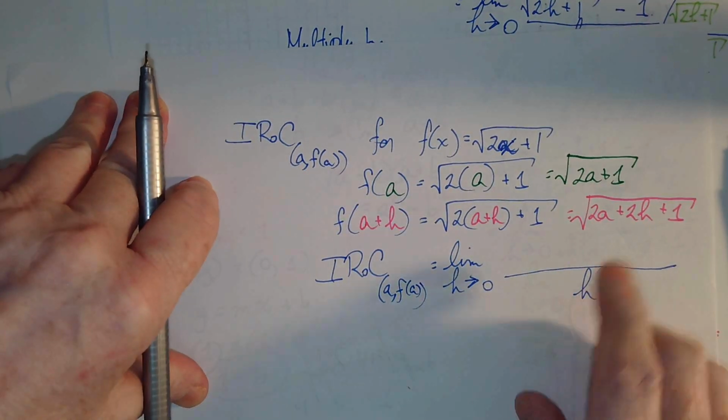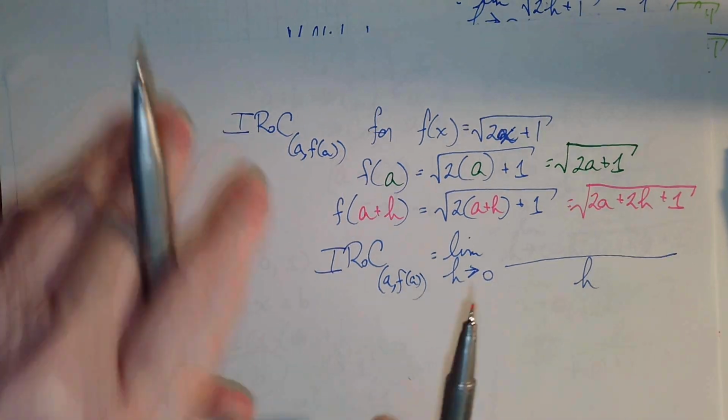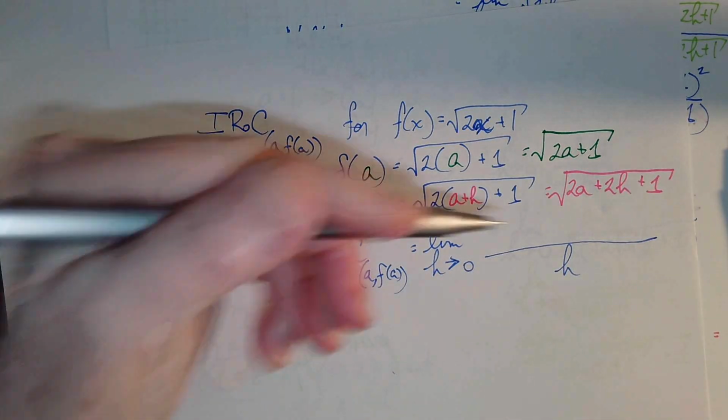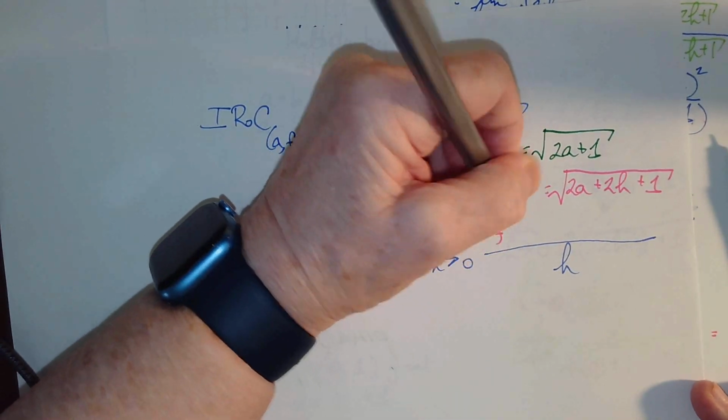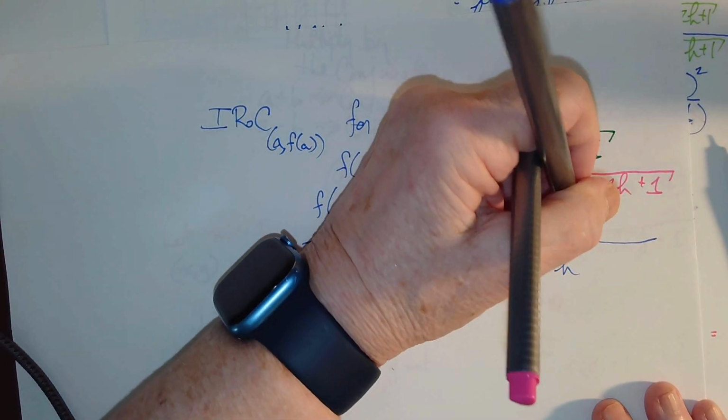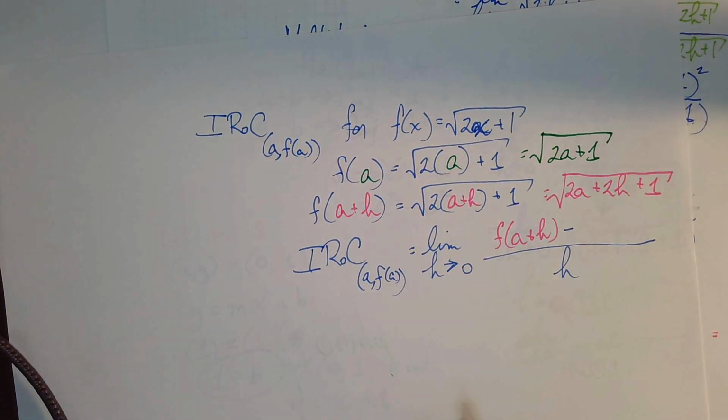and let's see, first, let's write it this way. So we have f(a plus h) minus f(a).